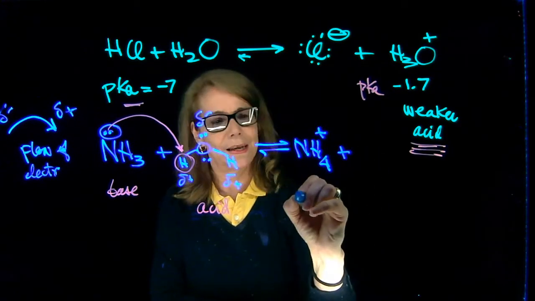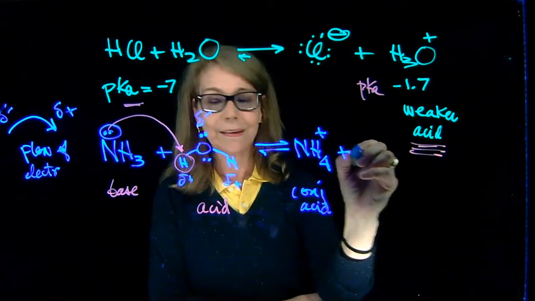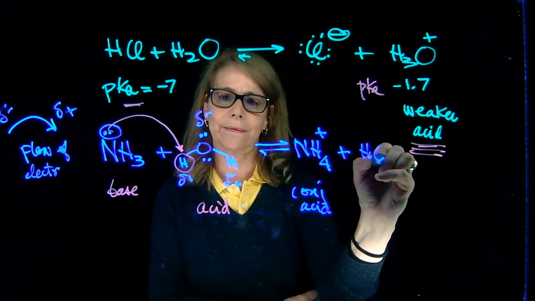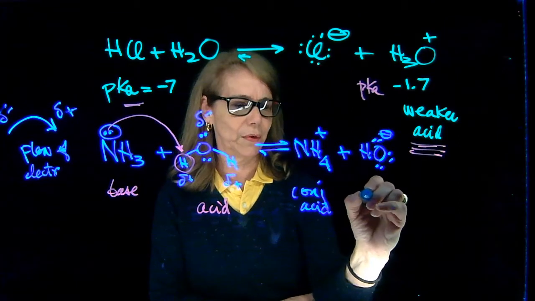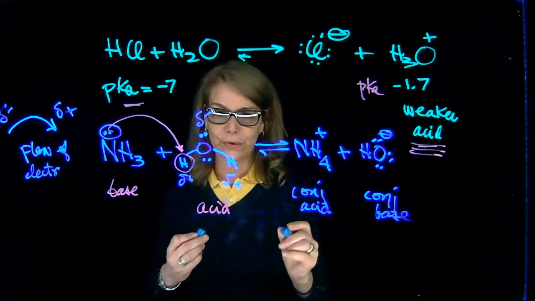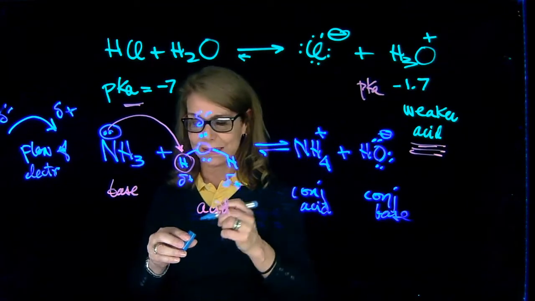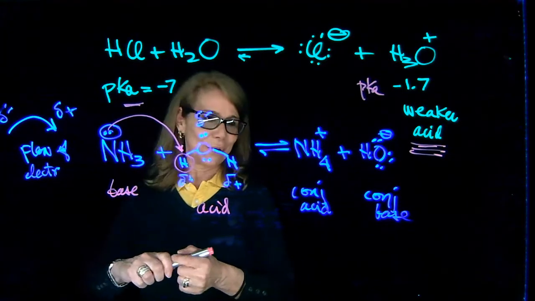So that is the conjugate acid. And this became hydroxide, with a formal charge. So that's my conjugate base. To see where the equilibrium is going, we're going to go to the pKa's of the acids. I'm going to go to the chart, but I know those values already.